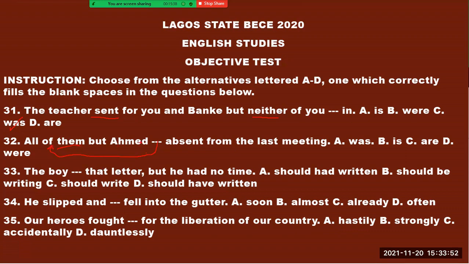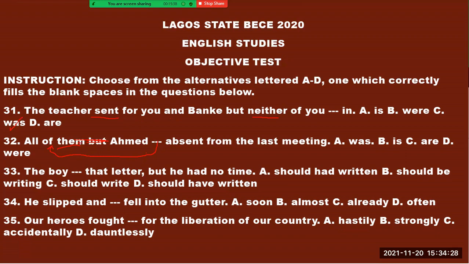If the verb were to agree with Ahmed, it would have been a singular subject. It would have been a singular verb. But here we are specifically referring to all of them. If we remove Ahmed, then what we have is all of them were absent from the meeting. So, but Ahmed is an afterthought, all right? The real interpretation of the sentence is all of them were absent from the meeting. However, Ahmed was present.